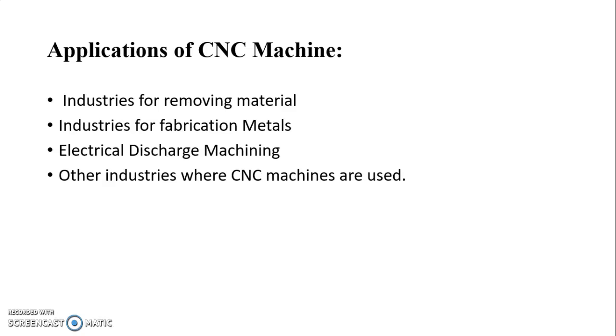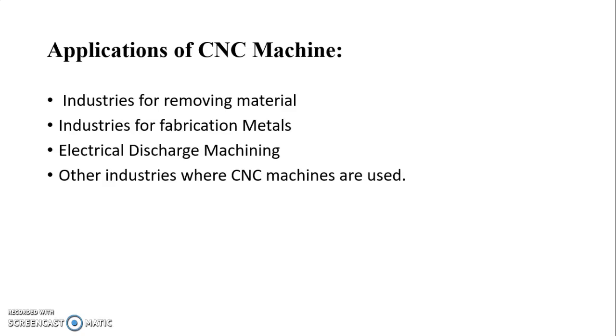Then third application, electrical discharge machining. The EDM machine removes metal by creating a spark that burns the metal. So wire EDM is used to make the punch and die combination for the die sets that are used in the industry where fabrication is done. And next, other industries where CNC machines are used.